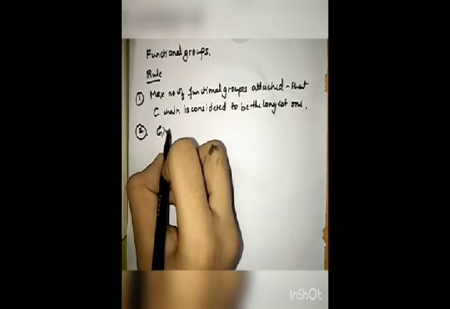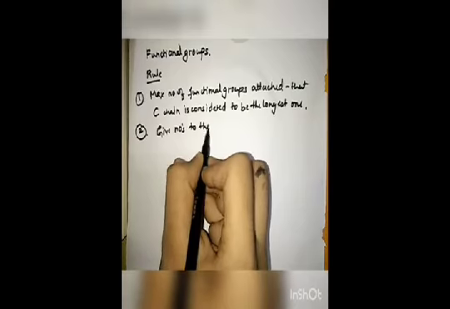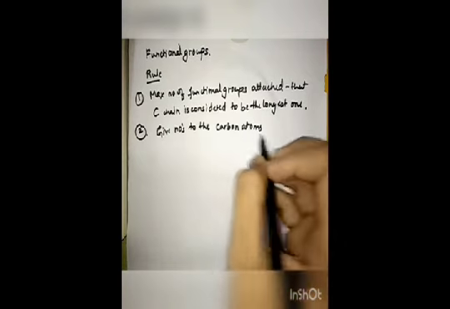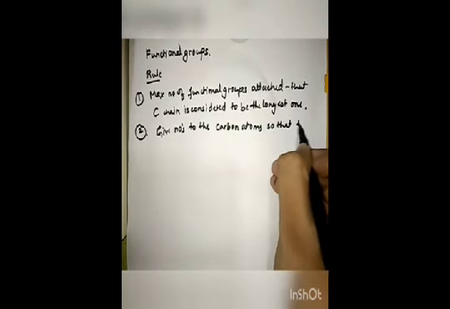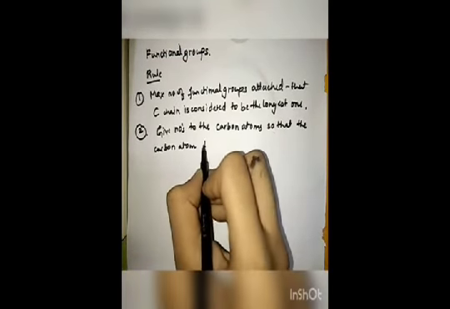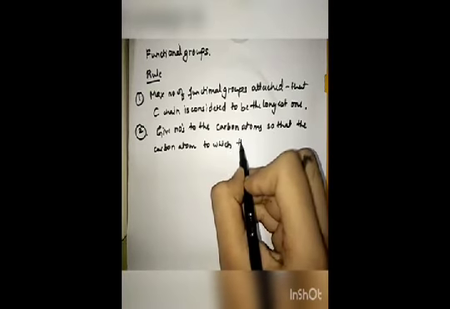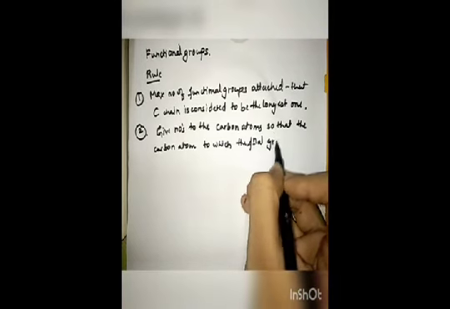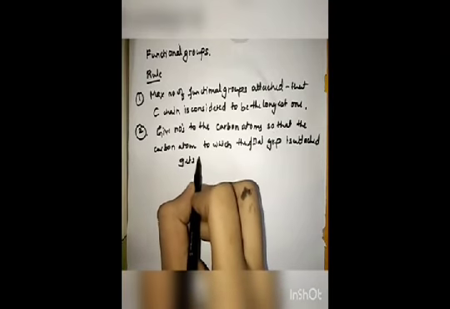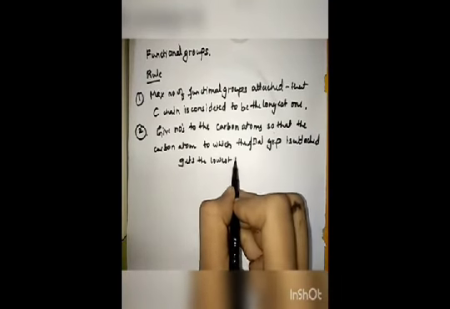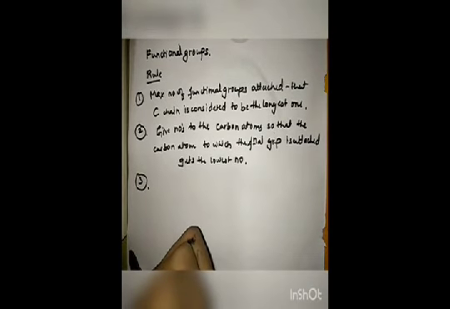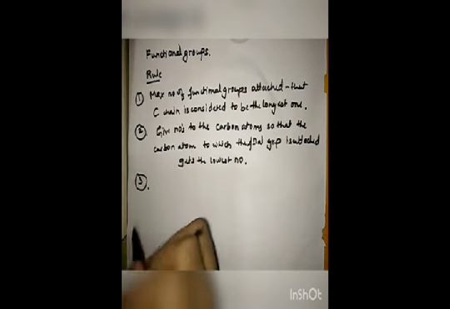So give numbers to the carbon atoms so that the carbon atom to which the functional group is attached gets the lowest number.